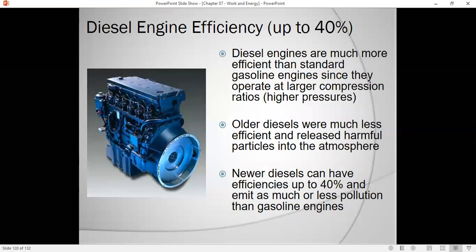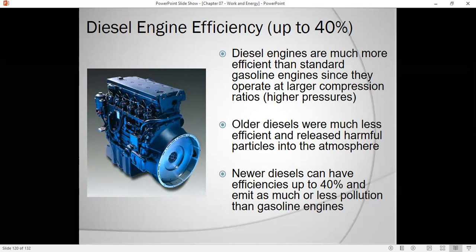Diesel engines are a little bit better as far as internal combustion engines are concerned. They're more expensive to make because they have much larger compression ratios. And they also tend, especially with the older diesels, to pollute more.